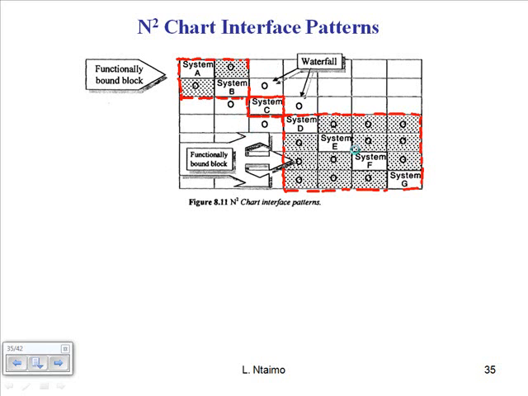Okay, in real systems, usually these blocks are what we call functional blocks, meaning that system A, for example, and system B, they are connected to perform a particular function. Okay, and so we can actually see this pattern from the n-squared chart.